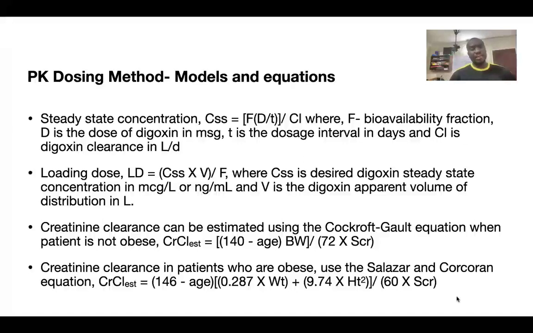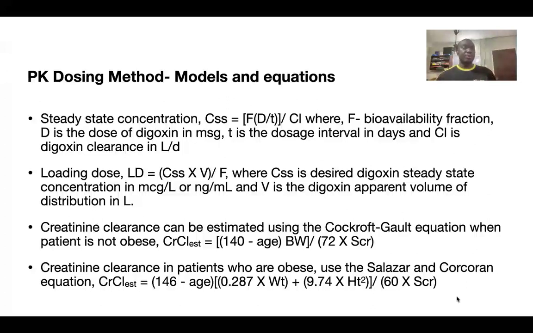Now let's quickly look at pharmacokinetic dosing methods. Here we want to look at what model. Like we have mentioned before, digoxin dosing follows a two-compartment model, and we can look at it in terms of a linear model, and also in terms of a non-linear kinetic model.